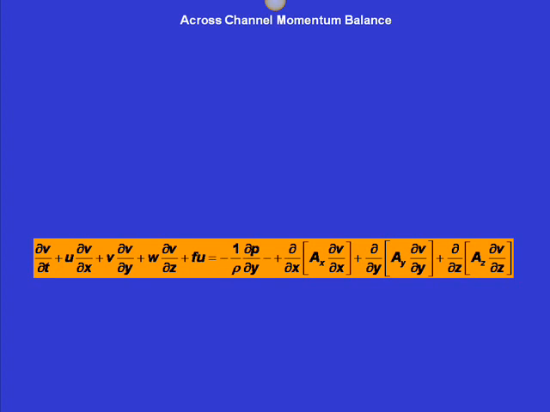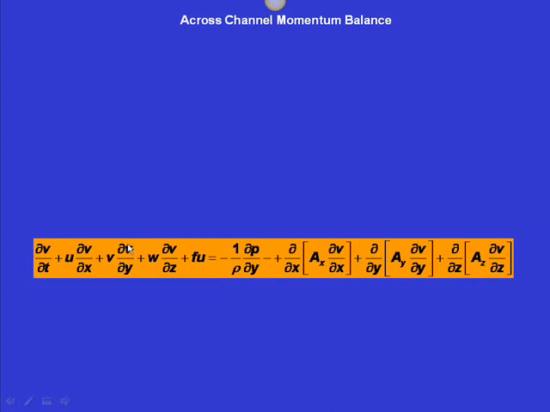So if we assume that that's what happens typically, or for the sake of our framework to study estuaries, if we start with that framework, what do you think are the assumptions in that lateral momentum balance that we're showing? Steady, right? So the first term over here can be eliminated. Steady flow.